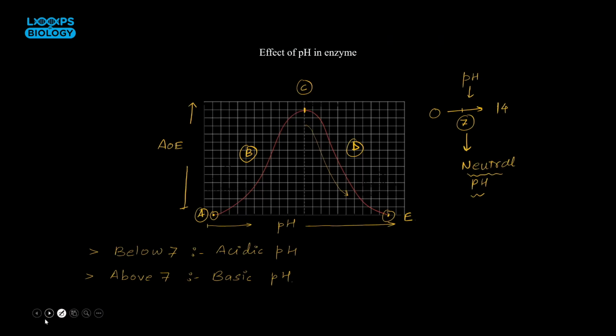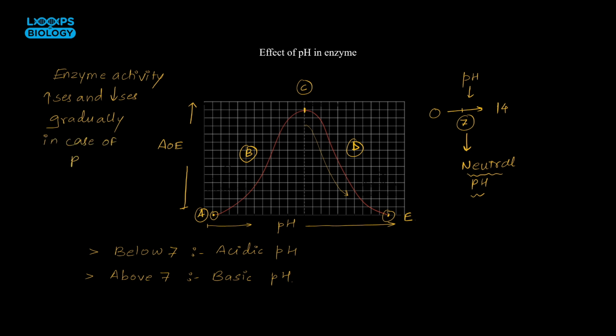This will be the case of point E. So the enzyme activity increases and decreases gradually in case of pH. This is one of the important points, guys, whenever we are talking about activity of enzyme with respect to pH.